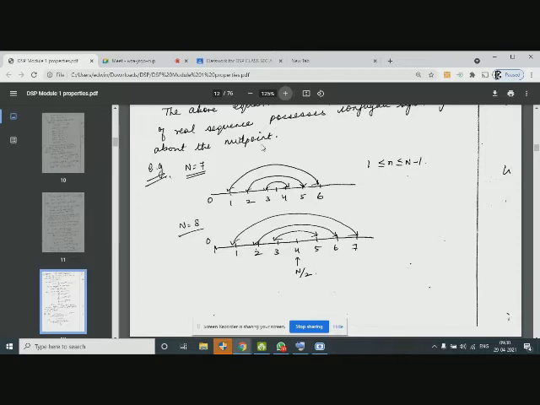You can see all the alternate samples. You take any DFT example, this property is well proved. Suppose N is even, you have a value. Capital N is 8, then the midpoint is 4. That means third and fifth value will be conjugate symmetric. Second and sixth value will be conjugate symmetric. First and seventh value will be conjugate symmetric.